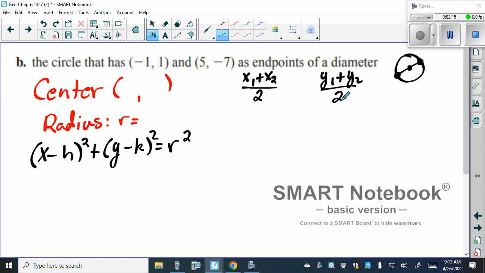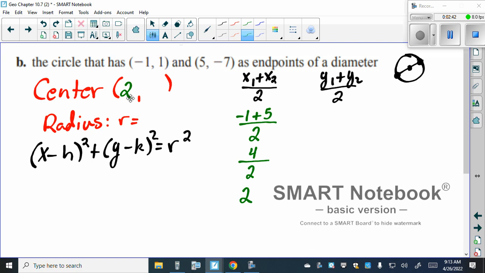So looking at this here, the 2 points that are given, what are our two x values? Well, we have -1 and 5. Well, -1 plus 5 is 4, and 4 divided by 2 is 2. So the x value of the center is 2.